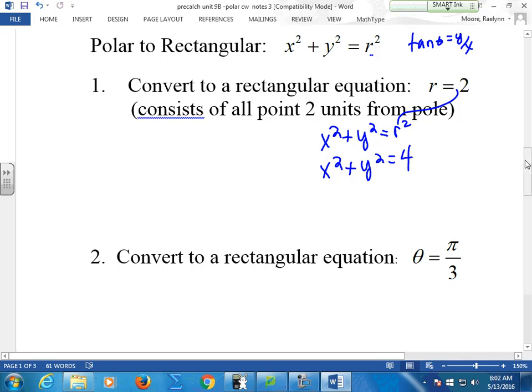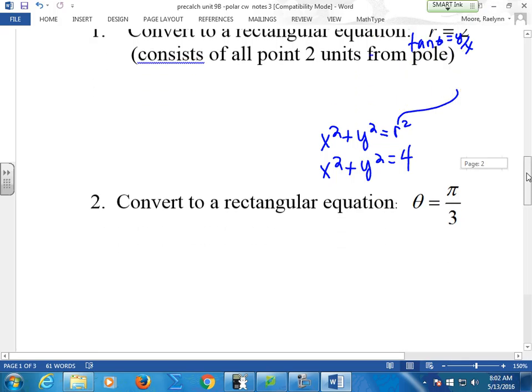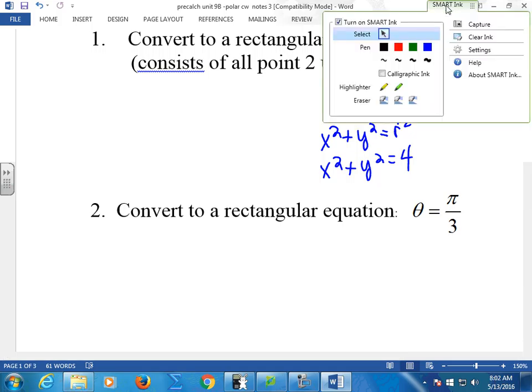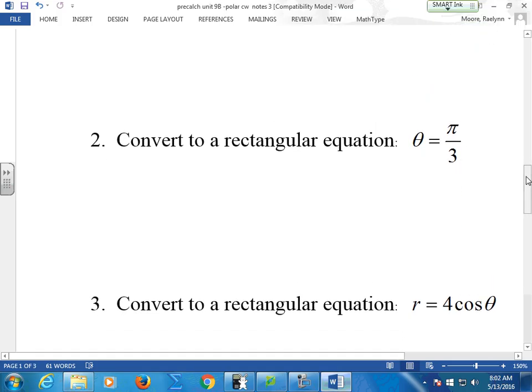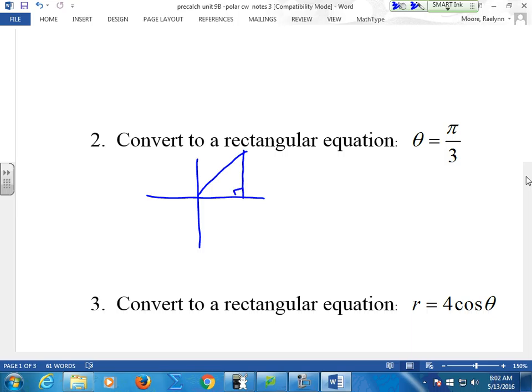Now, sometimes it's not as easy to see. This one is not so bad. I have different ones than you do, but this is all right. So now, if we look at this in polar, where do I find the angle pi over 3? First quadrant. And my angle, if I dropped a triangle, would be what?